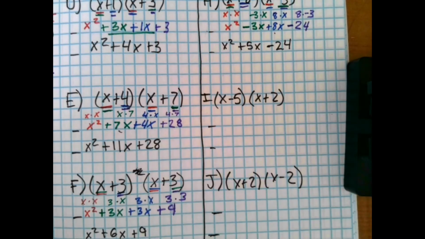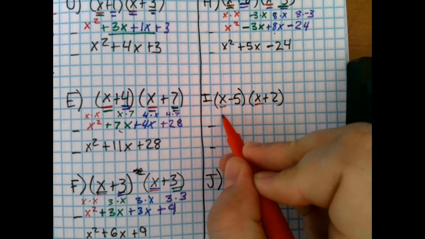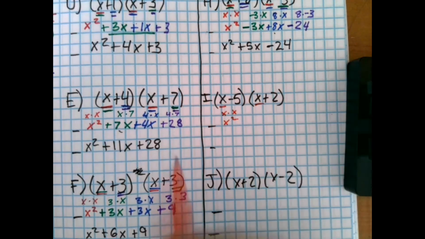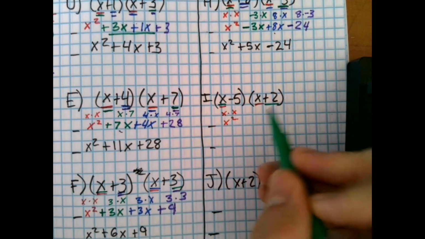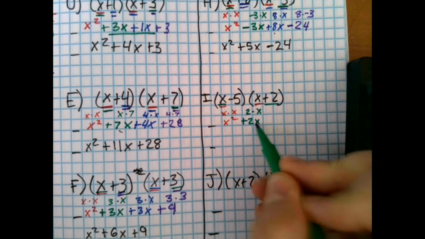Now moving on to example I. Now we're going to begin with the first of x and x, which will give us x times x is x squared. We're going to move on to our outside, which is x and positive 2. 2 times x is plus 2x.